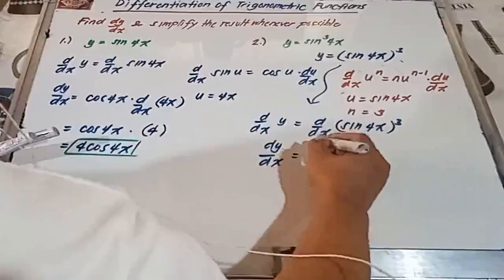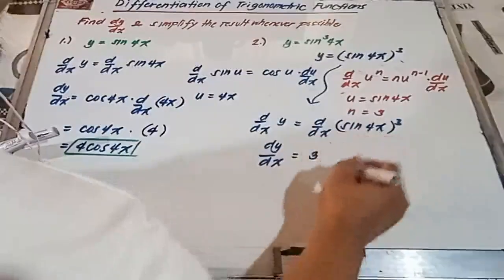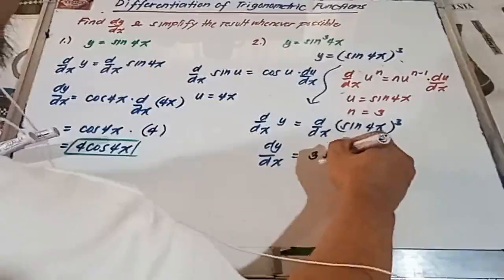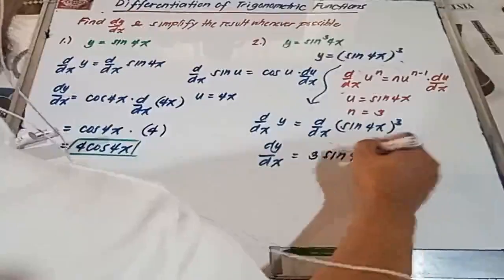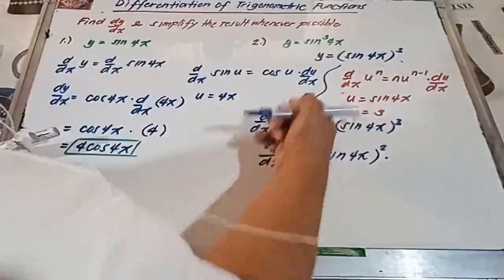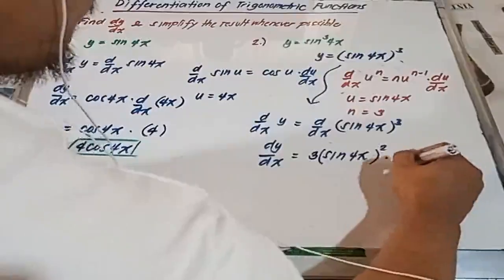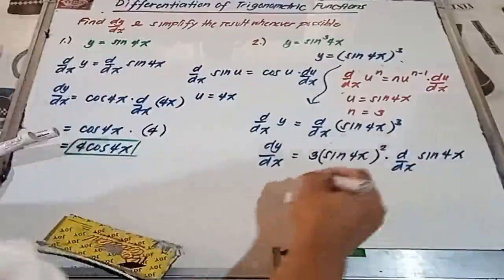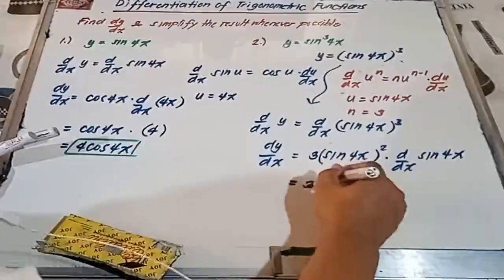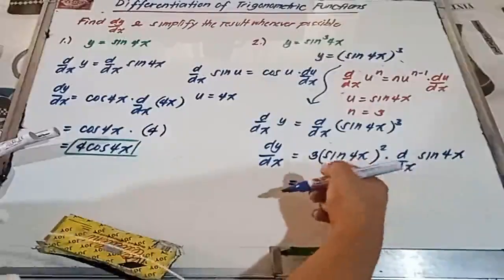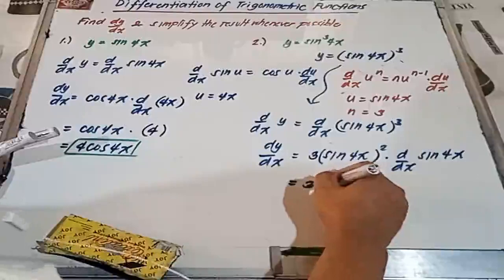So, we have 3, babawasan ng isa yung exponent. So, we have sine 4x raised to 2 times derivative pa ng u. So, derivative ng sine 4x. Okay. Now, we have 3.